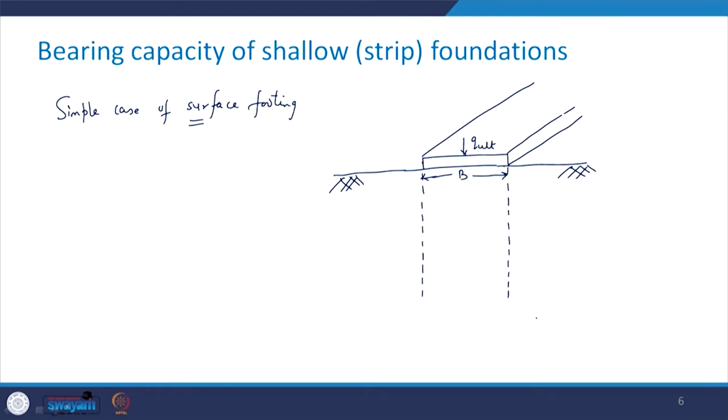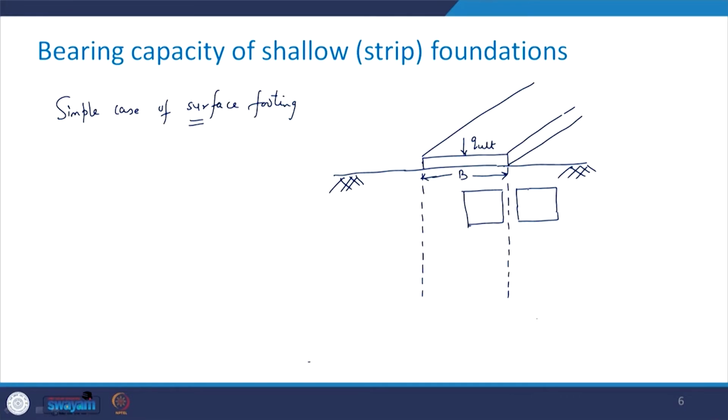I take the two elements, one is just outside and one is in this zone which is like this. I am showing it a little bit bigger element, but these are small elements. For the clarity I am drawing it a little bigger.